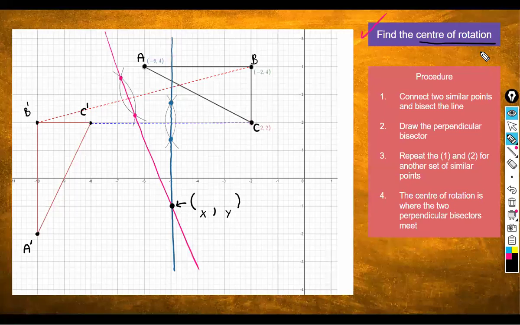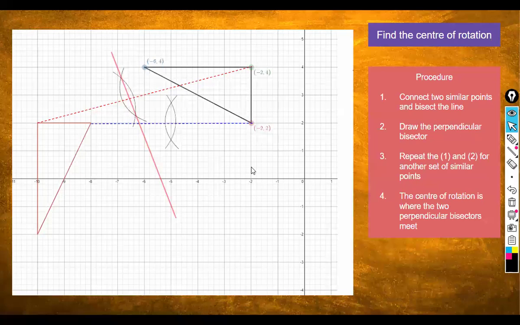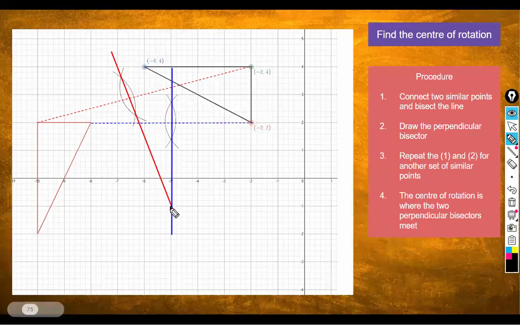Now, if you're not super neat, you're not going to get the exact answer, right? Let me draw this now. Let me draw my one here. That's my red line and my blue. Well, and the two of them actually come together over here.